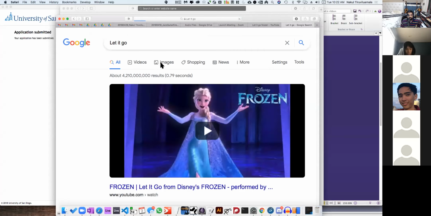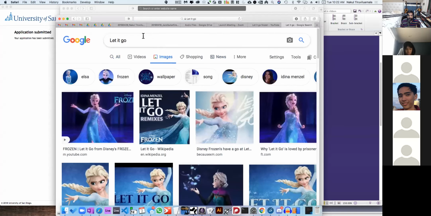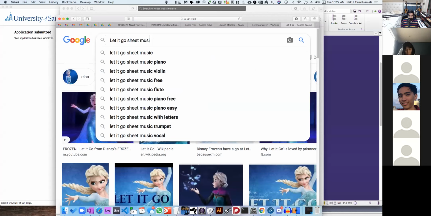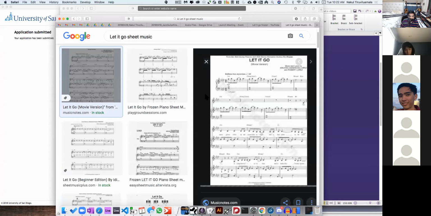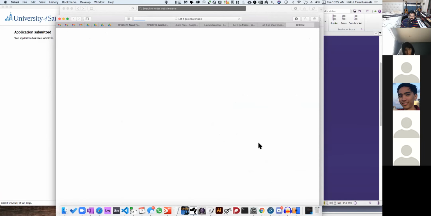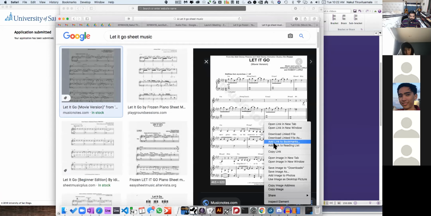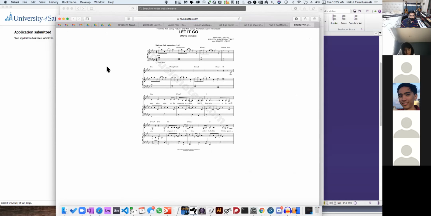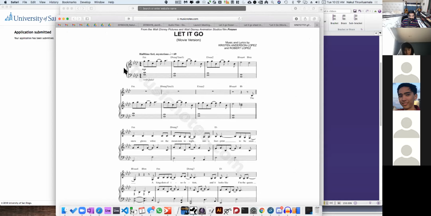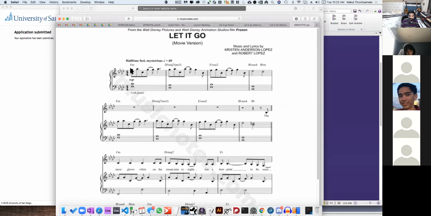Okay, so if we have this particular sheet music, we just need the first page to see an example of syncopation, right? So let's take a look right here. You can see, if I open this in a new tab, let's see if we can spot the syncopation.